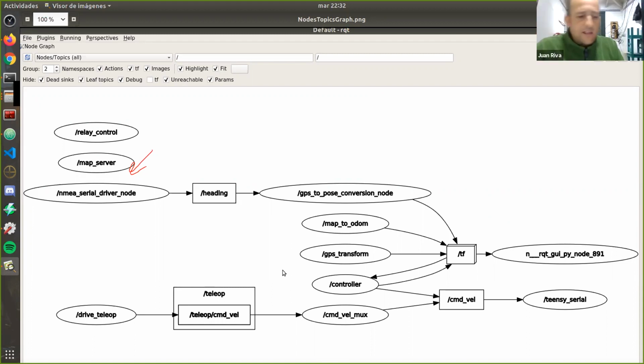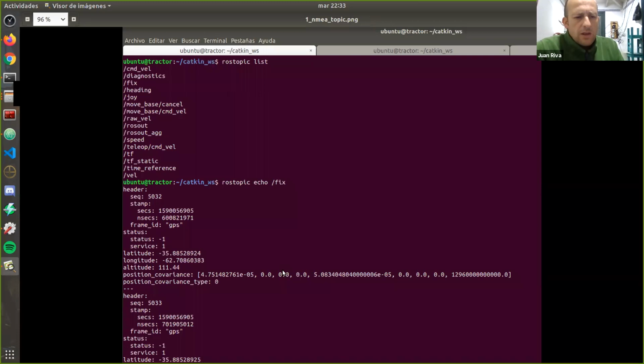As Chefs asked, I go back to the other slide. I'm not sure why I'm not having the GPS here, as Matt said, because the fixed topic is because the driver delivers the heading, the fixed topic. Here, let me see.